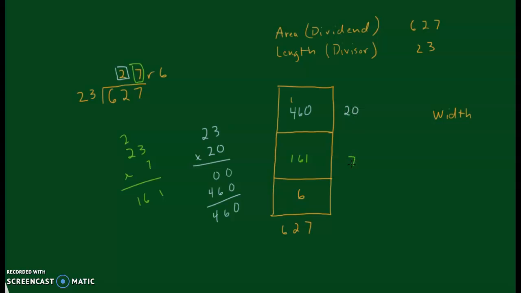So 20 and 7 is 27. So the width is about 27. It's not exactly 27 because we have a remainder here, but the width is about 27. So that's how you do an area model for those problems.